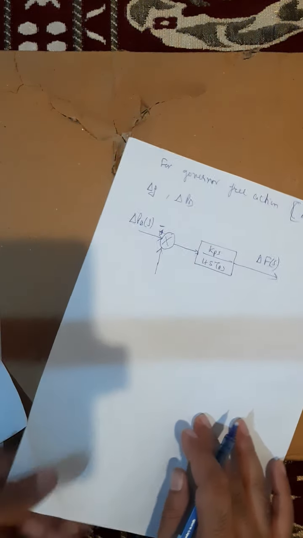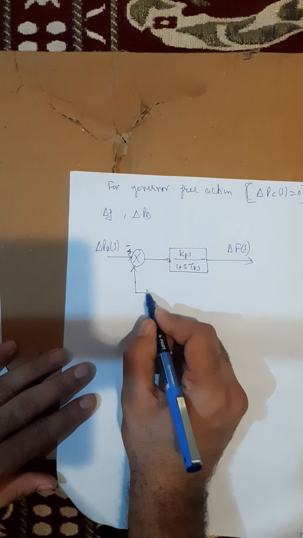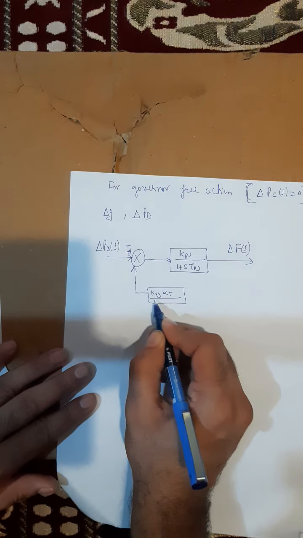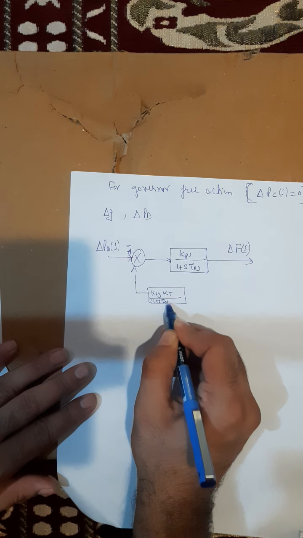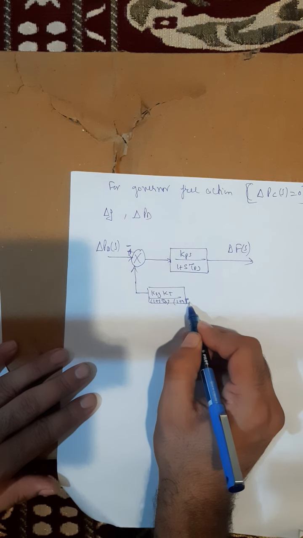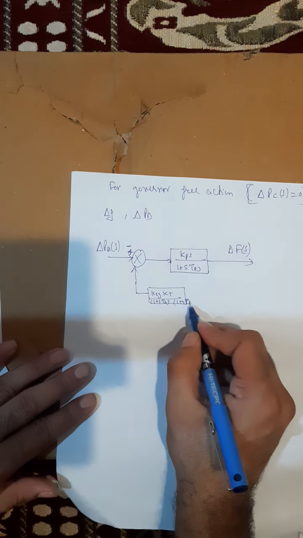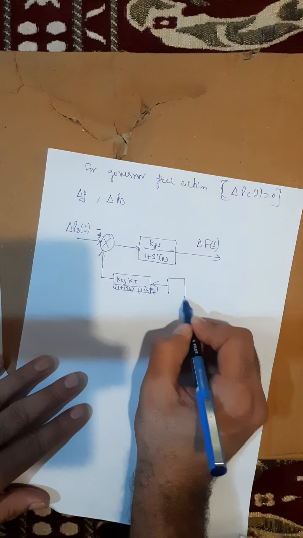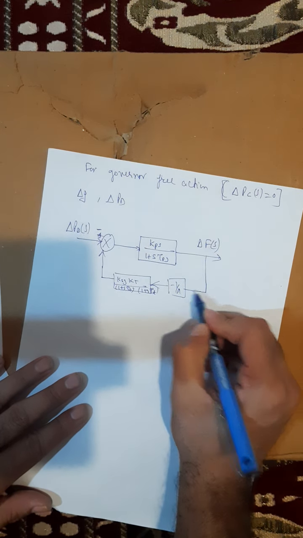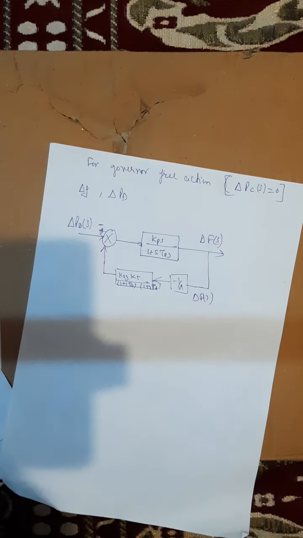In the feedback I have KSG into KT divided by 1 plus s TSG into 1 plus s TT. These two are in series, plus 1 by R into minus 1 by R, and then what is here? It is delta F, as the system will get reduced like this.